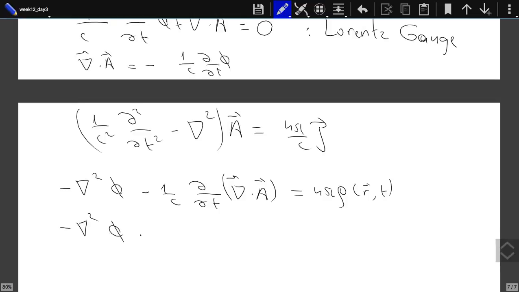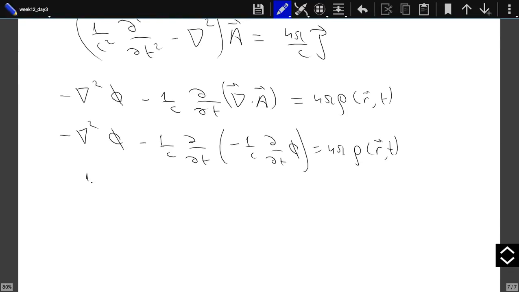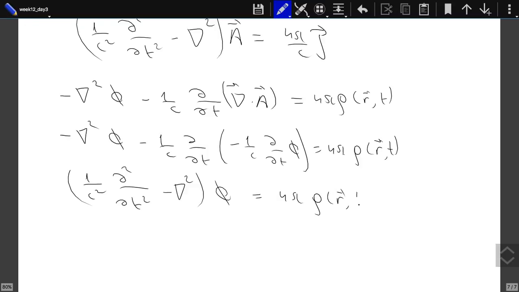So this tells me minus the Laplacian of φ minus 1 over c ∂/∂t of (1 over c ∂φ/∂t) is equal to 4πρ. So we have 1 over c squared ∂²/∂t² minus the Laplacian of φ, which is equal to 4πρ.